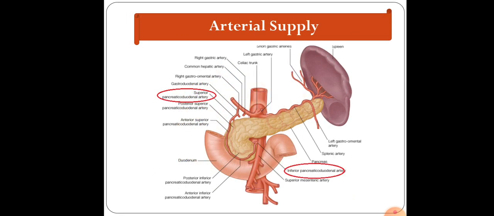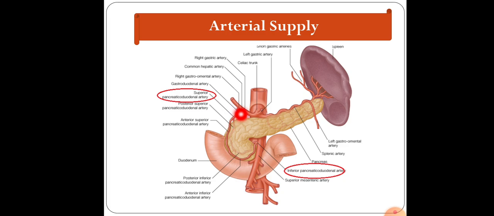Blood supply of the duodenum. The duodenum is developed from the foregut and midgut, so it is supplied by branches from the celiac and superior mesenteric arteries. The celiac trunk gives the hepatic artery, and this gives rise to the gastroduodenal artery.